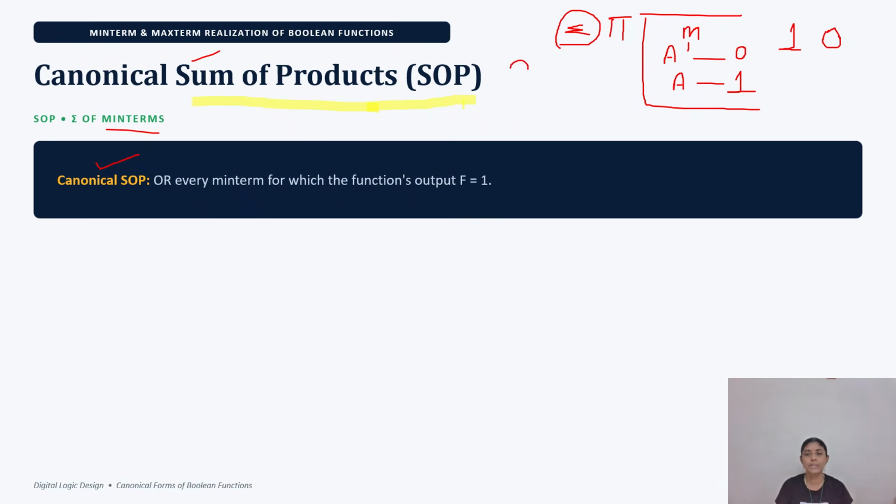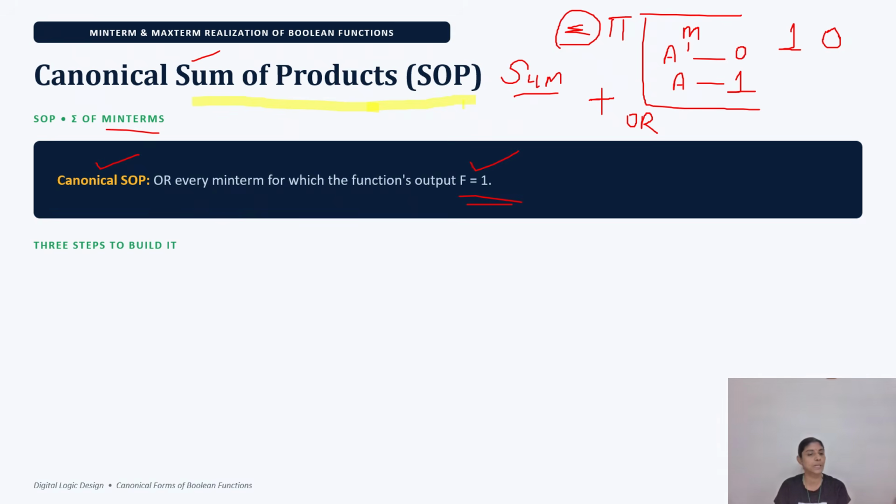So what is meant by sum? Sum means it is the addition operation. That's why the symbol we are using is the plus symbol. This plus symbol represents your OR gate, right? So OR every minterm for which the function's output is 1. Here you have to consider the output function which is equal to 1.